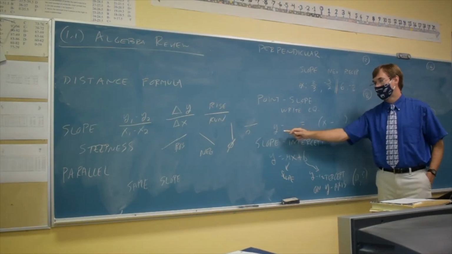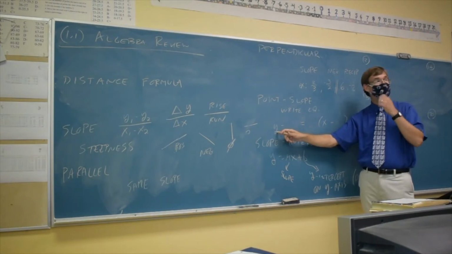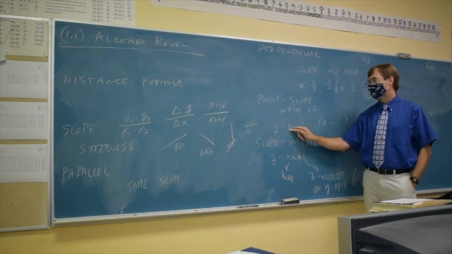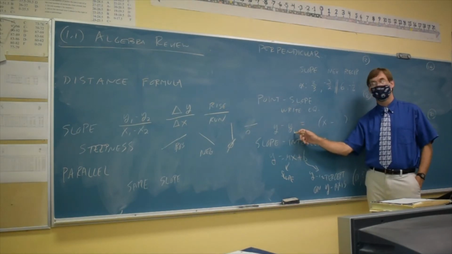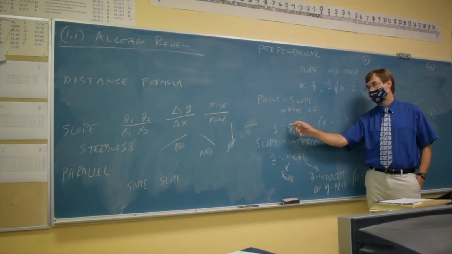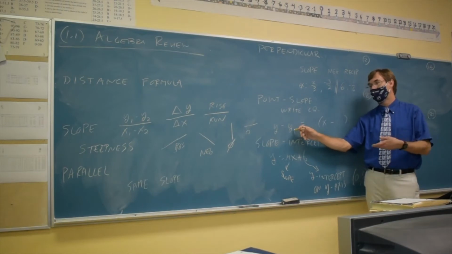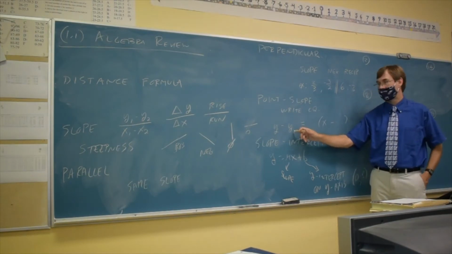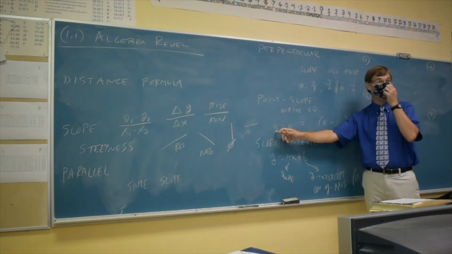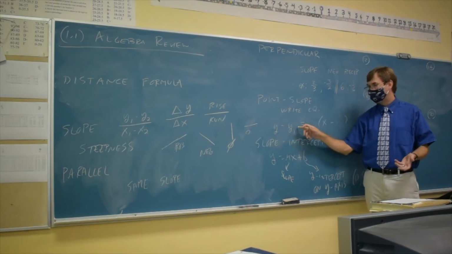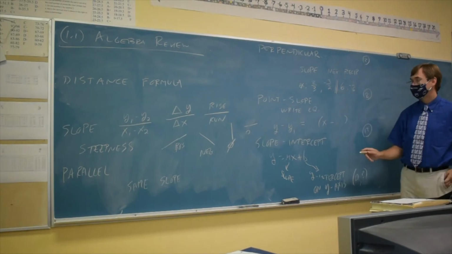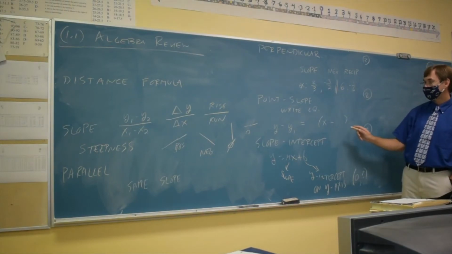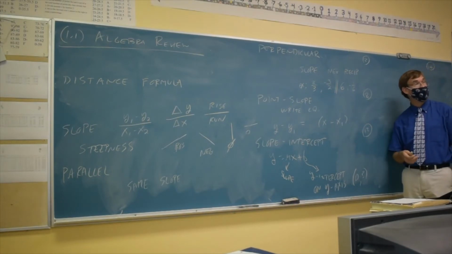Y minus, this would be the actual variable y, minus some kind of a y coordinate I give you. Some books will put this y with a 0 subscript. Some will do y with a 1 subscript, but they're going to do a y and put some sort of subscript on it to let you know this is actually the variable letter y. This is some kind of a y-based number. X1 over there. So over here, we're going to go in x1 for some kind of an x coordinate.